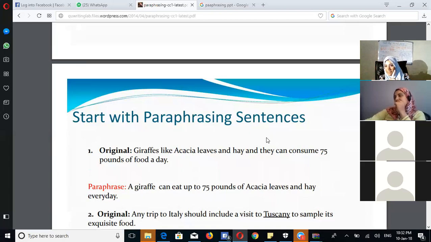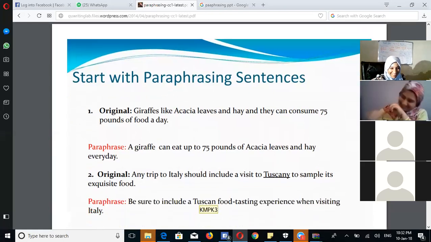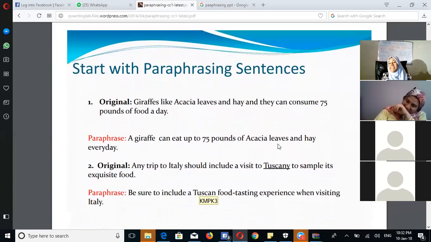It is advisable that... It slipped my mind. Never mind that one. It's advisable. Be sure or advisable. Okay? To include Tuscan food tasting experience when visiting Italy.